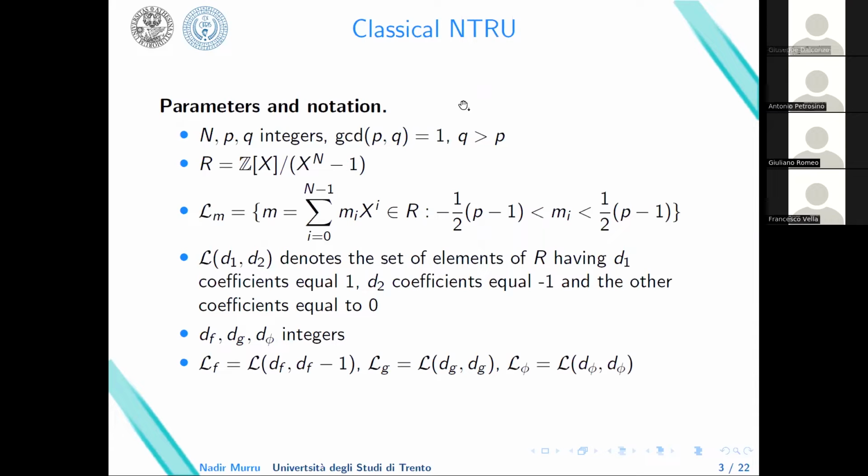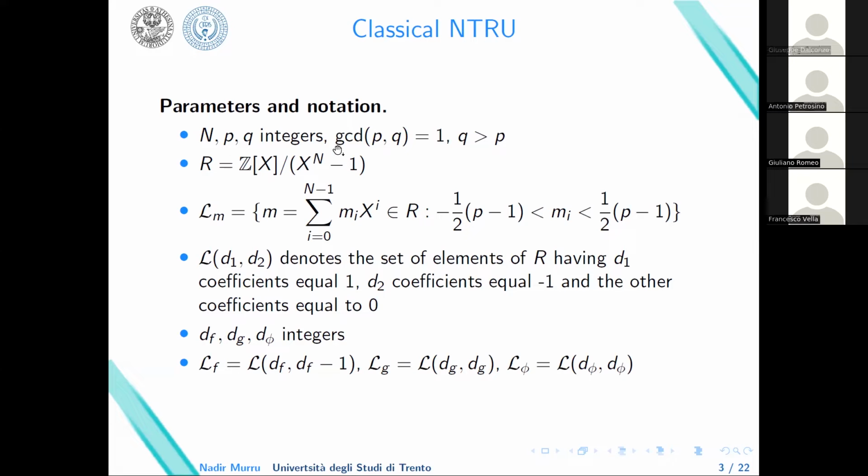For presenting NTRU, we start by fixing some notation and some parameters involved in the scheme. In the following, we will always use the letters N, P, Q that represent some integers. N is always a prime number. P and Q are not necessarily prime numbers.